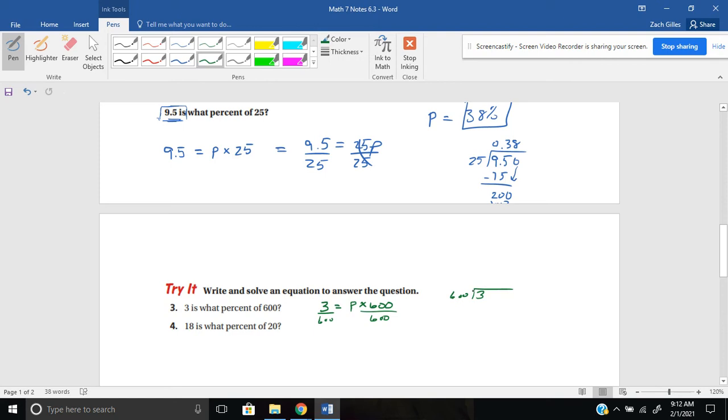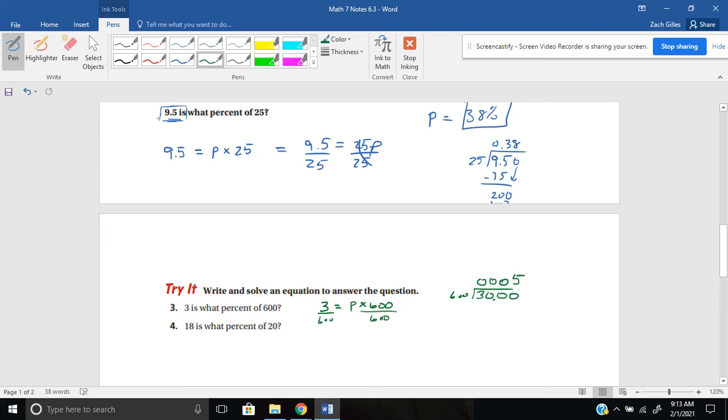How many times does 600 go into 3? 0 times. 600 go into 30? 0 times. Another imaginary 0. How many times does 600 go into 300? 0 times. Another 0. How many times does 600 go into 3,000? Okay, here we go. 5 times.